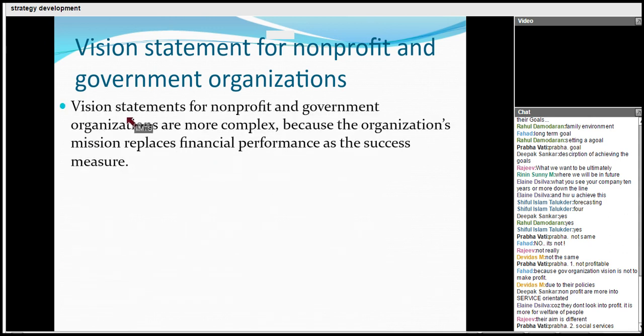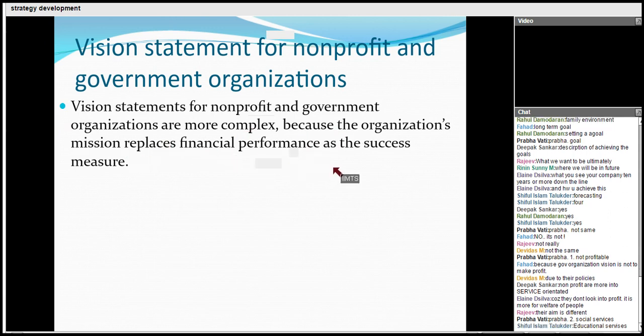controlled by profit. So vision statements for non-profit and governmental organizations are more complex because the organization's mission replaces financial performance as the success measure. They cannot use finance to measure their success in most cases.